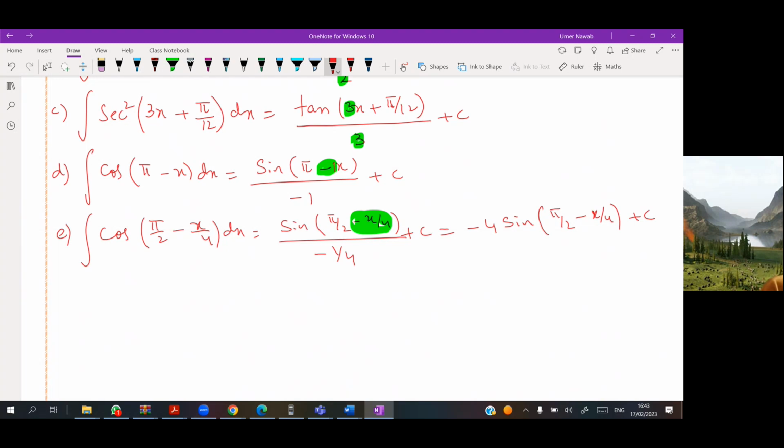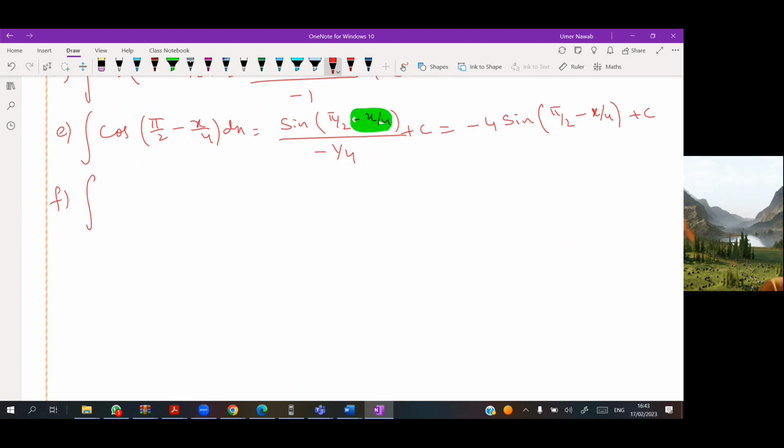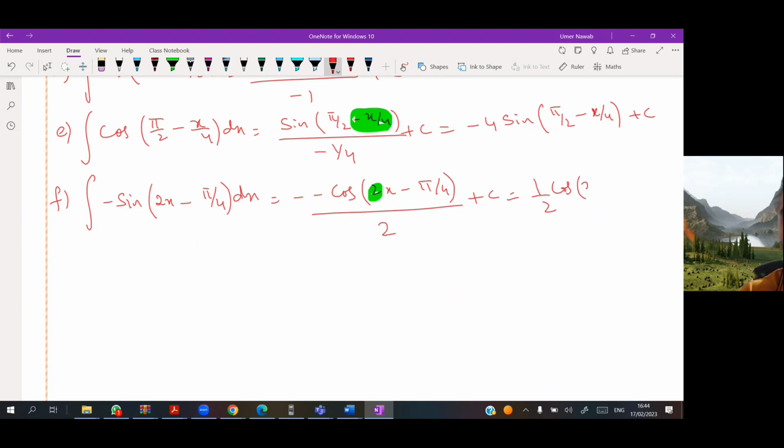Now we go to the F part. He says integration of minus sine of 2x minus pi by 4. Minus will stay. Integration of sine is minus cosine of 2x minus pi by 4 divided by the coefficient of x, which is 2, plus c. So I got half cosine of 2x minus pi by 4.